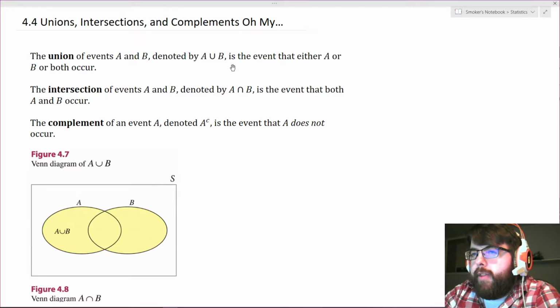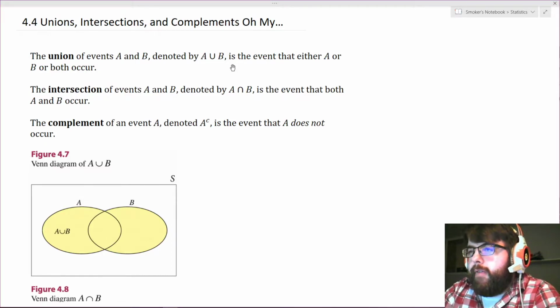Now that I have union and intersection defined, let me see if I can come up with an example. Say A is rolling an even number on a six-sided die, all even numbers, and B is rolling 1, 2, or 3.